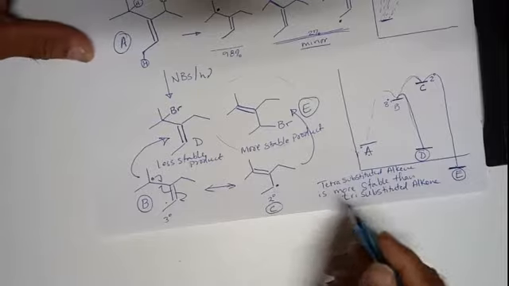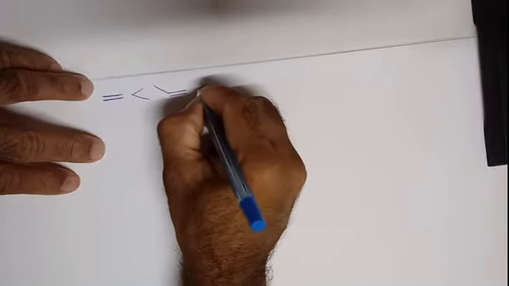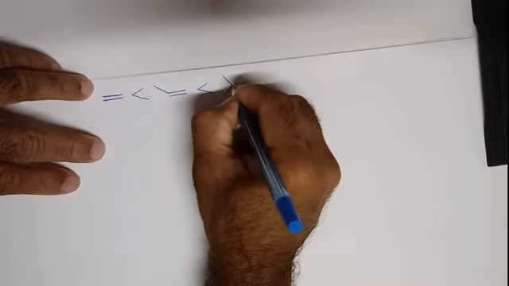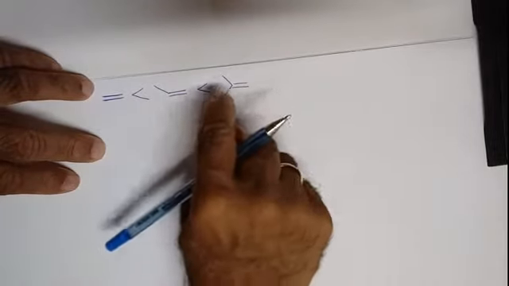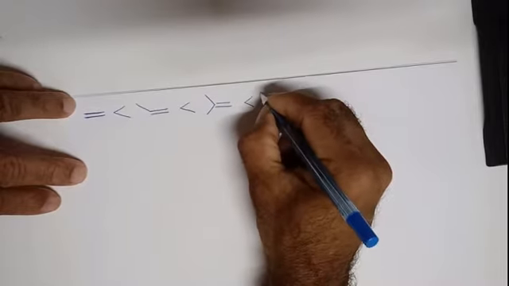So stability of alkenes, and if you really want me to restate that order, this is the order of stability of alkene. Unsubstituted is less stable, monosubstituted is more stable than this one, which is less stable than disubstituted alkene. Among disubstituted, this is less stable than this one.